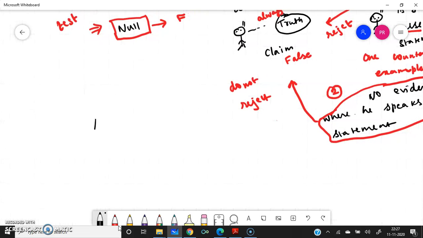If I am talking about the null hypothesis, I will take two types of decisions. What are the decisions? Reject, do not reject. That's all. This is the claim I can make about the null hypothesis.